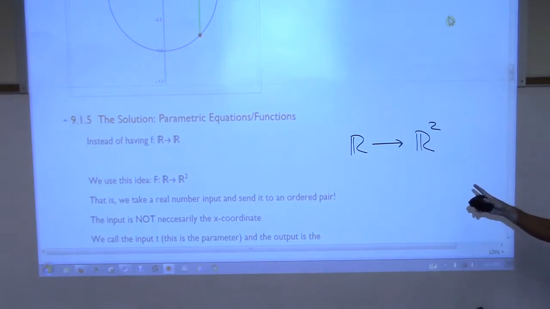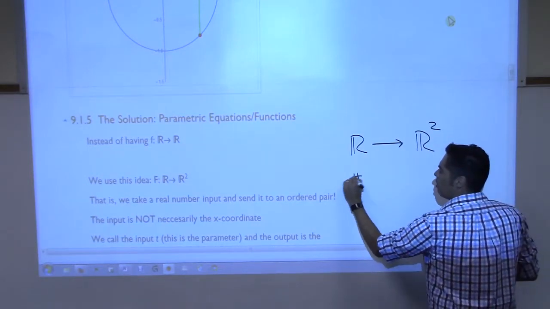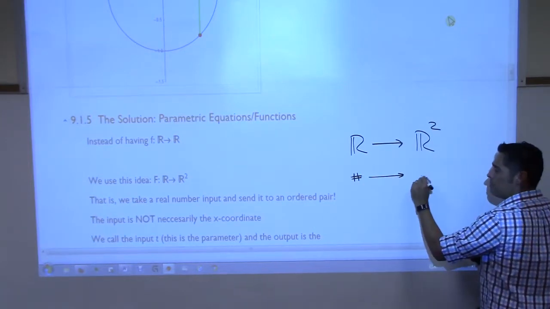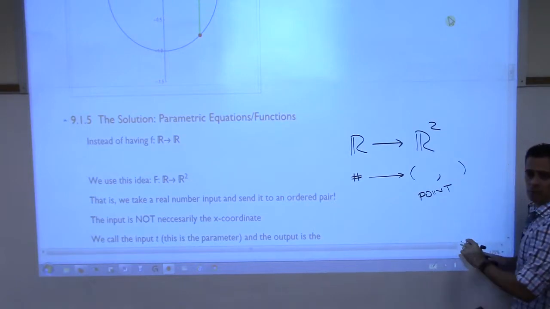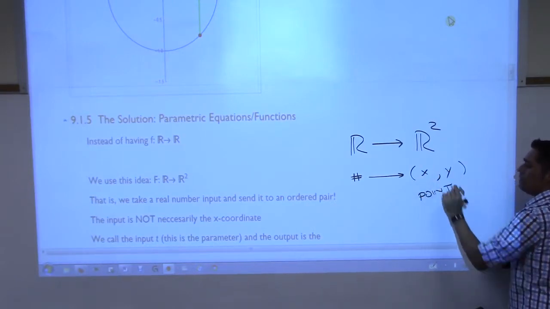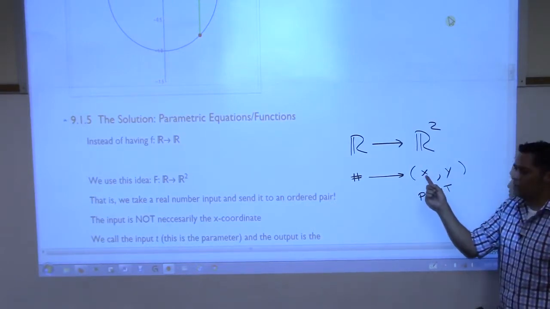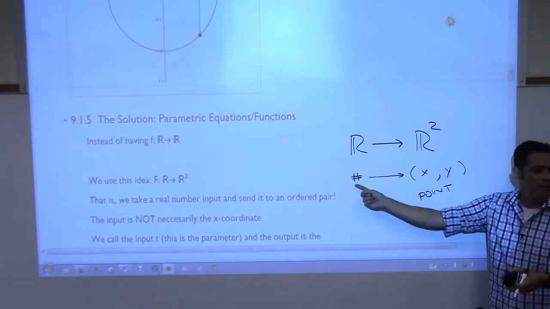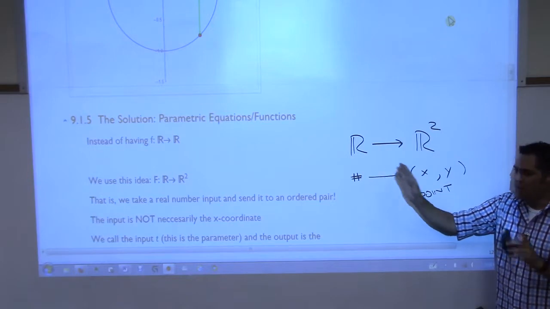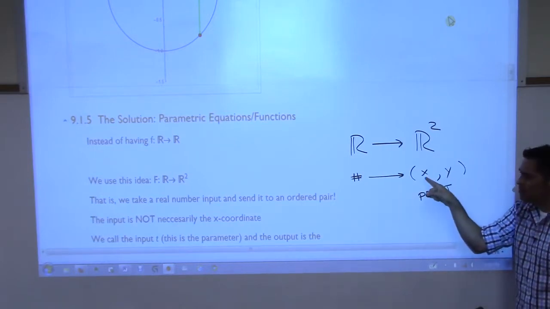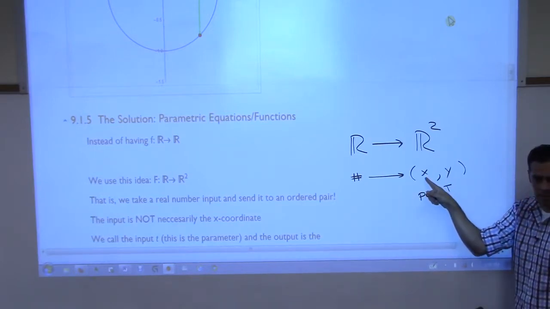Now what this means is that we'll have a number go in, and what comes out is going to be a point, an ordered pair, an x and a y value. So the x value will somehow depend on what that number is, and the y value will depend on what that number is. What we don't have anymore is that the y depends on the x. You'll see the difference?